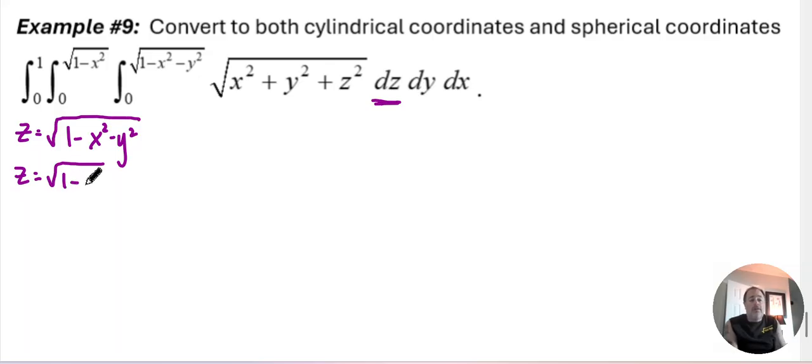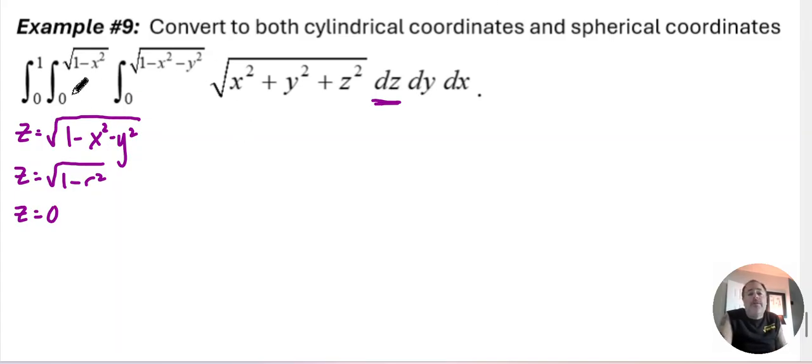So all we need to do is rewrite this equation, pull out the negative, and replace x squared plus y squared with r squared. And so that's going to be the upper bound for cylindrical coordinates. And very easily, they already give us that the lower bound for our z value is going to be 0. So we're good with that.